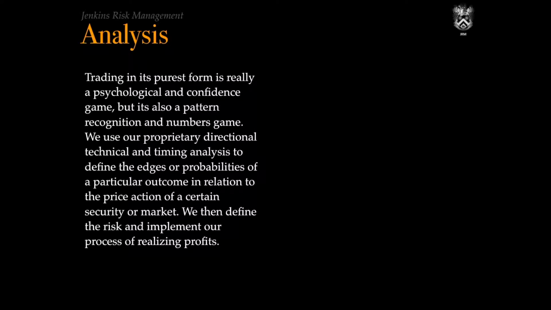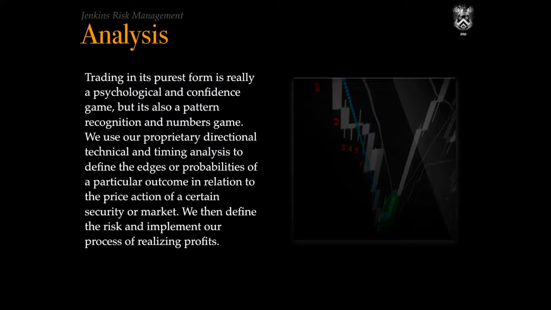All right, so the first part is analysis. And really, trading in its purest form is just a psychological and confidence game. So yes, there's charts and price actions and patterns, and it's a numbers game, but really we focus on what we call our proprietary directional technical and timing analysis. Okay, and then we define the risk, and we implement our process of realizing profits.